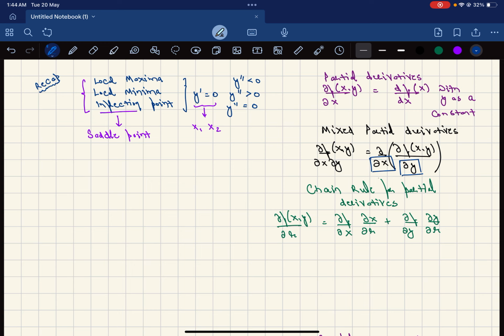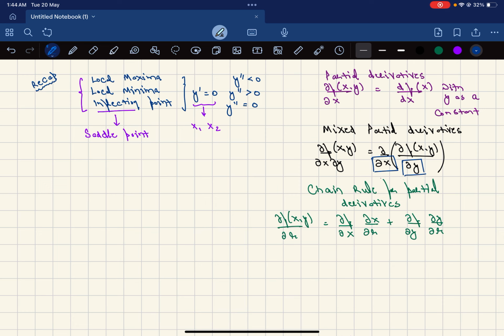Then we finally also looked at the chain rule of partial derivatives, which is nothing but when we are finding the partial derivative of a function where both the variables x and y, or even at least one of them, is a function of another variable. So it is possible that x is a function of variables r and s, and y is a function of variables r and s.